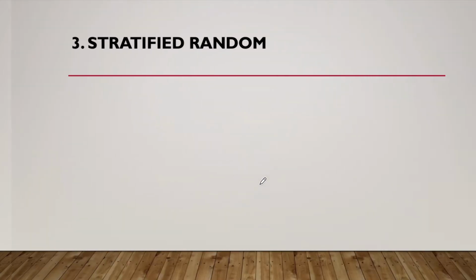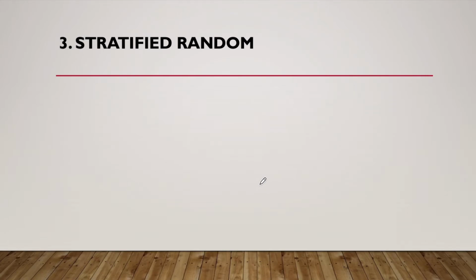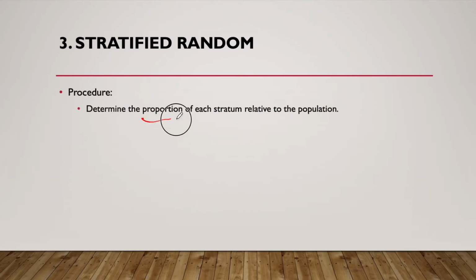So what's the procedure in doing stratified random sampling? What we'll do first is determine the proportion of each stratum relative to the population.